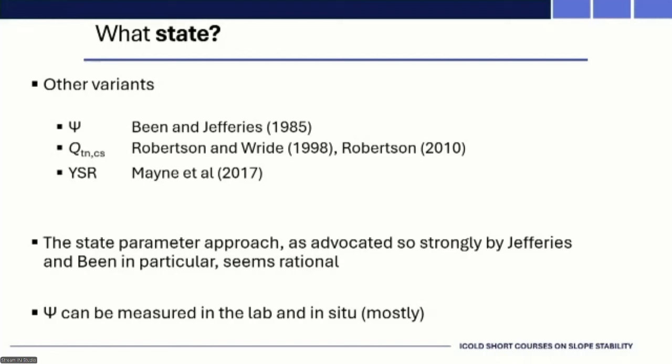But you've got the tip resistance method, the QTN approach, and then something called the yield stress ratio method. I'm not going to go into that in any detail. But state parameter can, at least theoretically, be measured in the laboratory and in situ in many cases. So probably spend more time on that than any of these other methods.